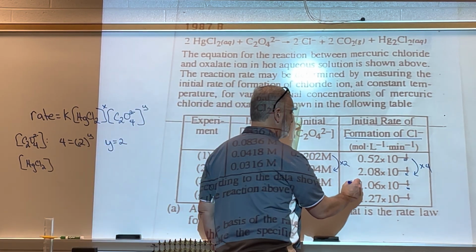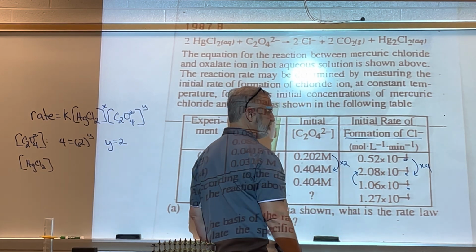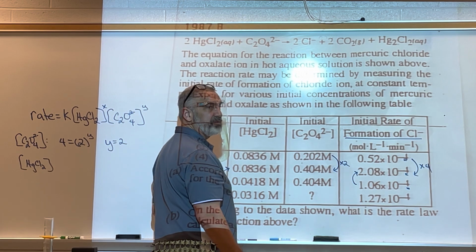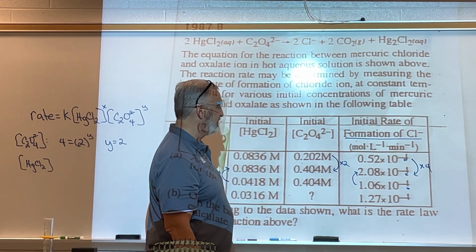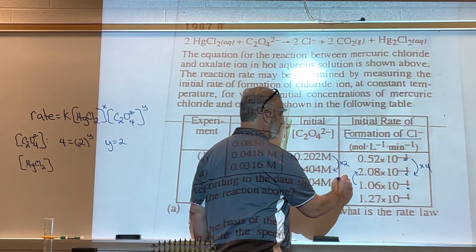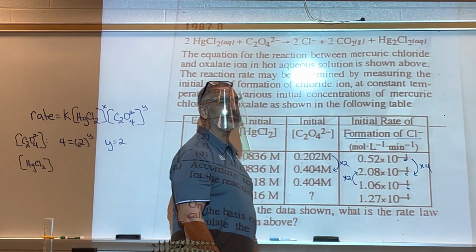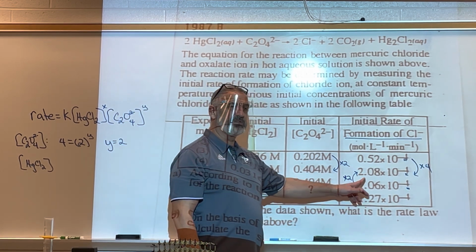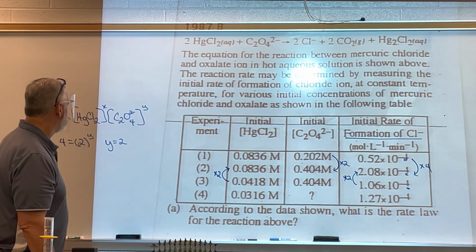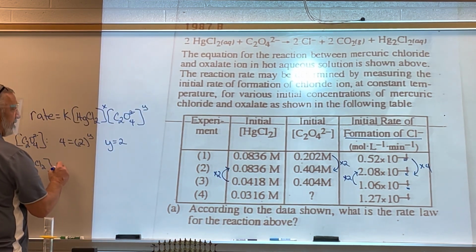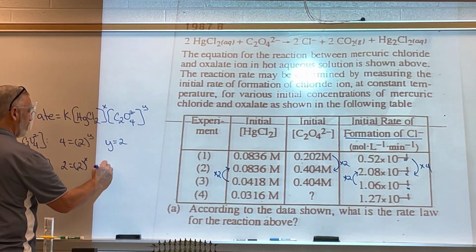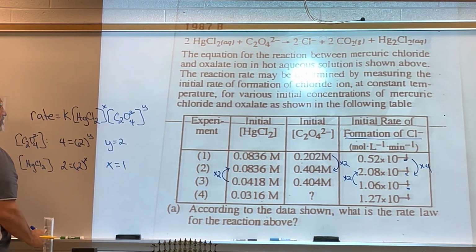What is 3 to 2 here? You don't have to do that on your calculator. 1 to 2, it's 2. It doesn't have to be exact. Okay, it's experimental data. It's about twice. These exponents are always going to be whole numbers. So we say 2 is equal to 2 to the x, so x equals 1.